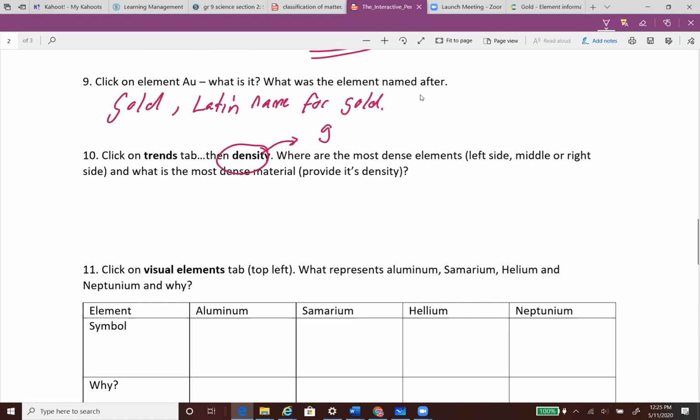Density is the amount of grams per volume of a substance. Weight is actually not the right term, it's the amount of mass per unit of volume. That's the density. Things like gases have very low density.